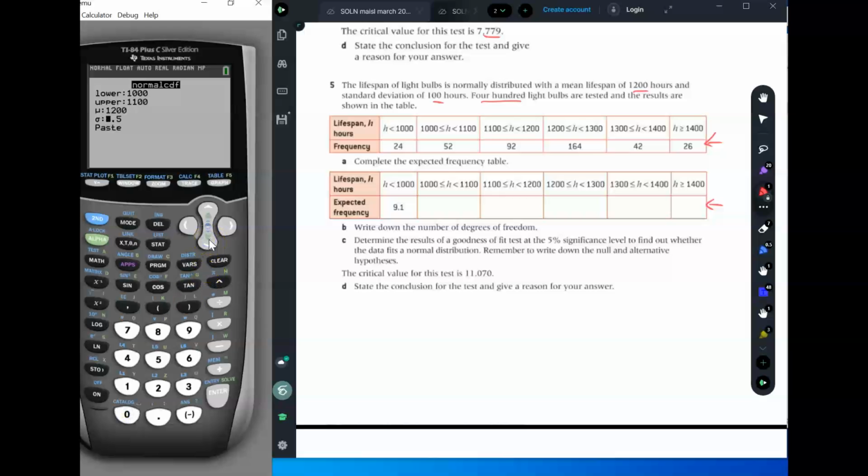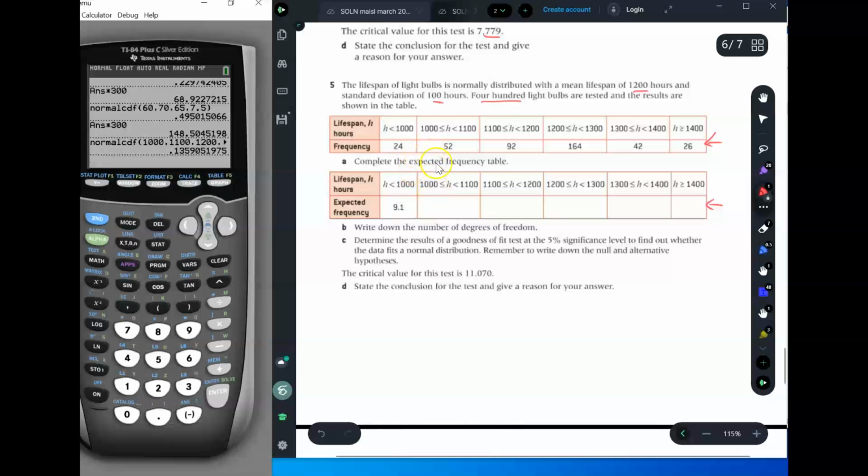And the standard deviation, we will put 100. I'm going to paste. And that'll be 0.1359. And so 0.1359 refers to from 1,000 to 1,100.